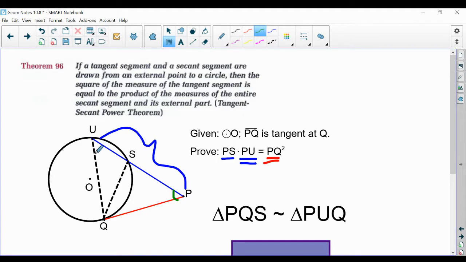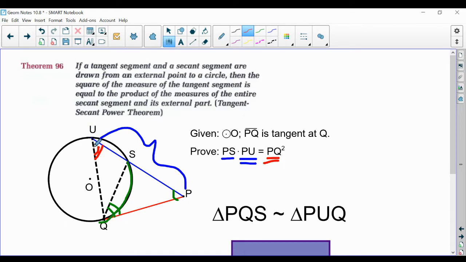Now, notice angle SQP. That is this angle right here. That is formed by a chord and a tangent, and that is going to be half of arc SQ. What else intercepts SQ? Well, that's angle U. That's an inscribed angle. So angle U is also half of arc SQ.